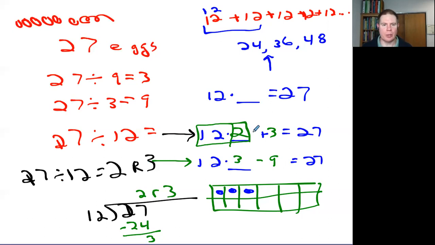There's our 2 times 12, but it doesn't get us 27. We have to add a little bit more. That's the remainder, right? So if you're checking your work, you multiply your quotient by your divisor, and then add the remainder if there is one, and that should give you your dividend. Okay, that's how remainders work.